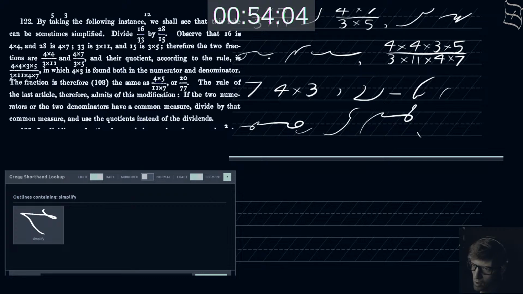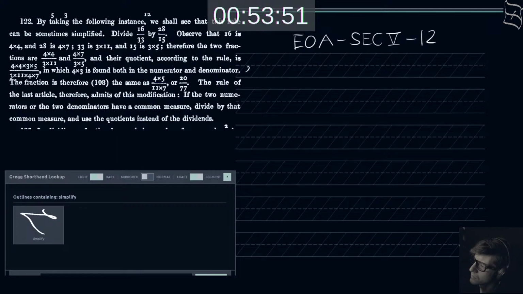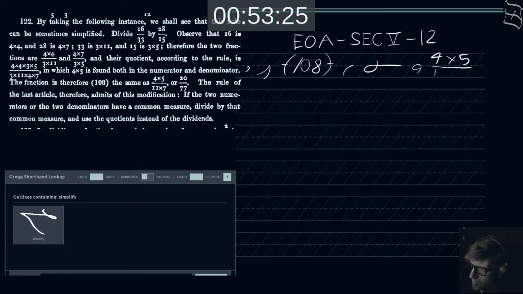The fraction is therefore, according to Article 108, the same as 4 times 5 over 11 times 7, or 20 over 77.